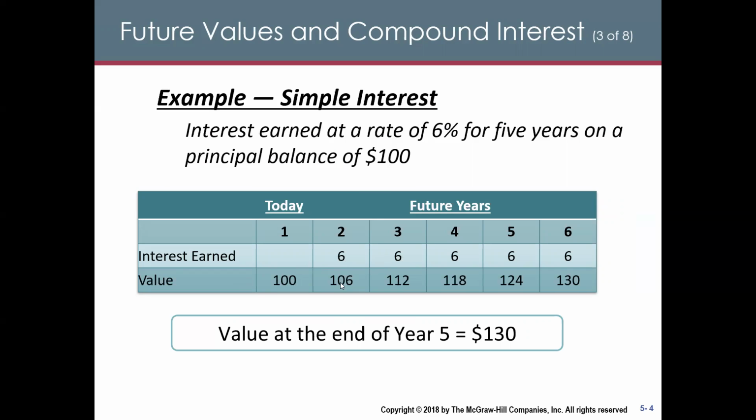So it's going to be 106 in the second year, and 112 in the third year, and so on until the end of the year 5. Okay, it's going to be $130. So this is simple interest. You are earning constant interest because you are only earning interest on the initial investment.